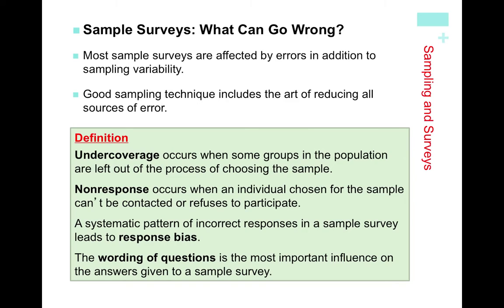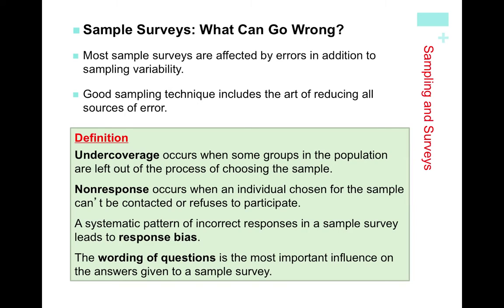Okay, they may also misremember how many hours they spent doing homework. Students may have forgotten how much time they actually spent on their homework. Okay, so a systematic pattern of inaccurate answers in a survey will lead to a response bias.